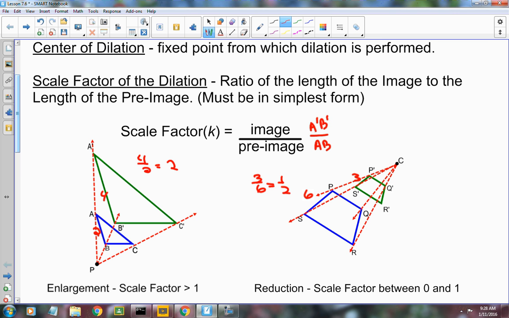Anytime your scale factor is between 0 and 1, it's a reduction, okay? So if it's greater than 1, it's an enlargement. If it's between 0 and 1, it's a reduction. And your scale factor is always image over pre-image. And your image is your result over your original, okay? Result over your original, all right?